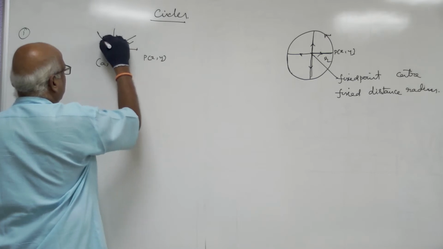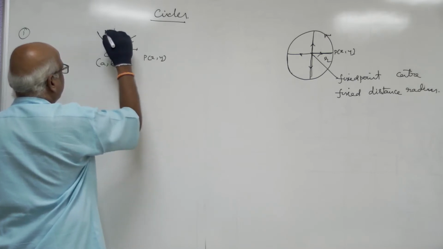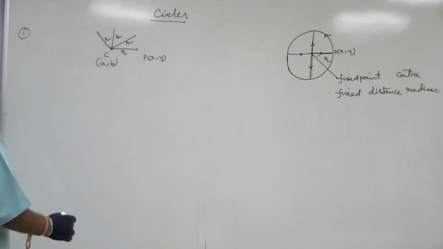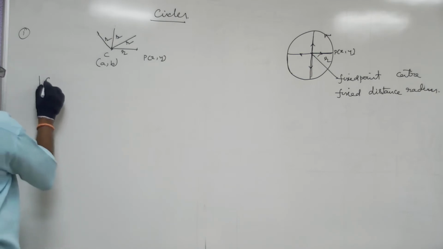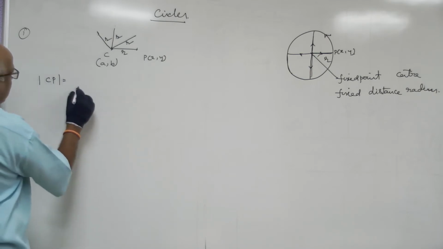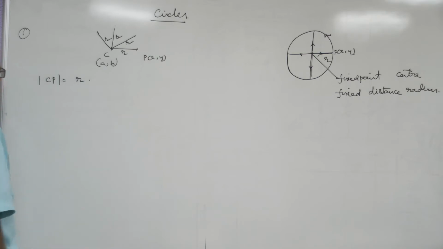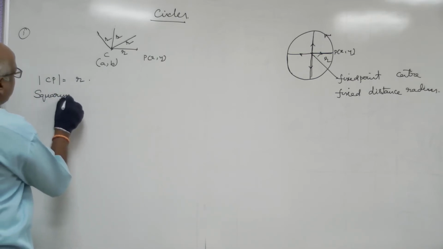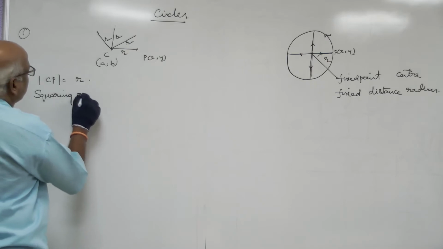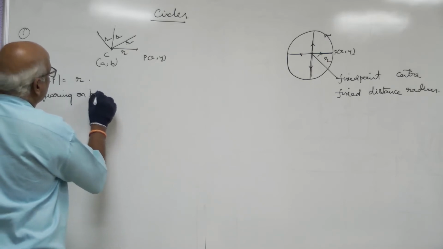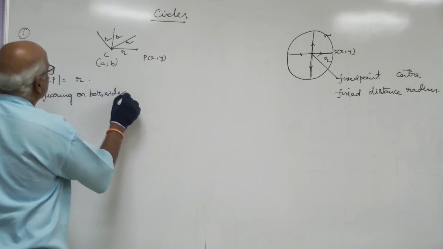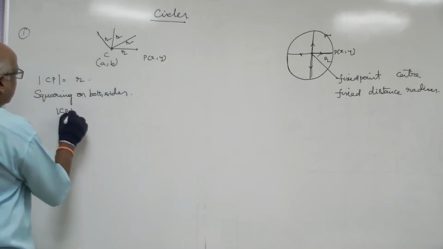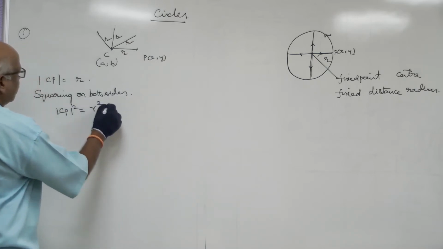And here also this length is r. So under this condition, the distance between C and P equals how much, sir? r. Squaring on both sides, CP square equals r square.